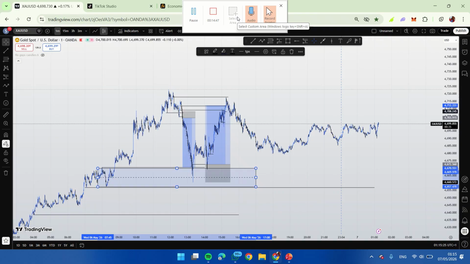Because I notice sometimes price might be trending, price might be ranging. So if you use market structure, you understand. That is why market structure is very important.